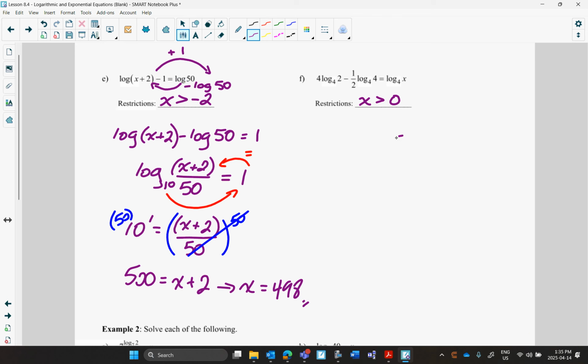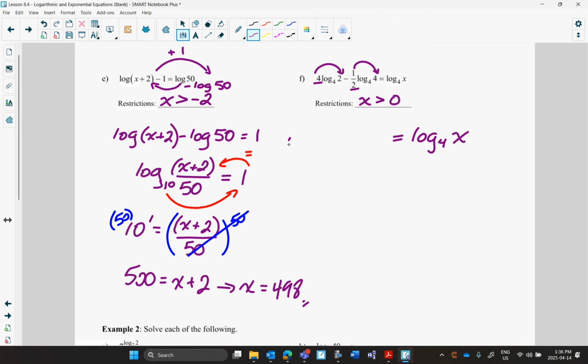Well, it doesn't look like there's anything to do on the right. There's nothing to combine, no log law to use, but I've got some stuff to do on the left. What are we going to do first? Deal with those first. How do we change those? Drop it in front.